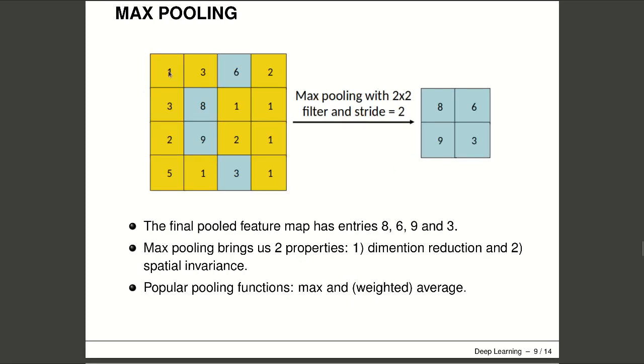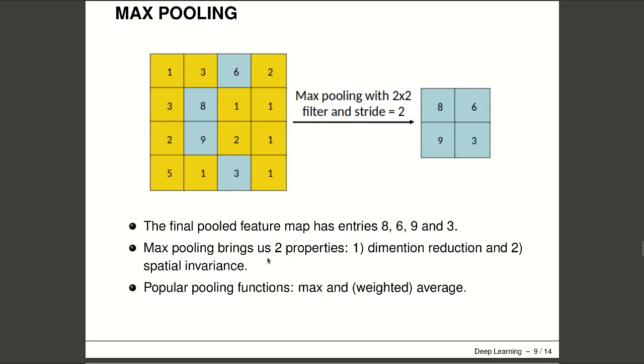Similarly, by moving the spatial window to different locations, we get the maximum element of each window and move it to the final feature map. Our final feature map has the maximum of the first window, 8 here, 6 for the second, 9 for the third one, and 3 for the last.